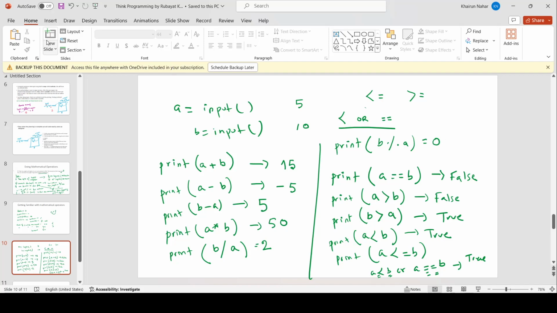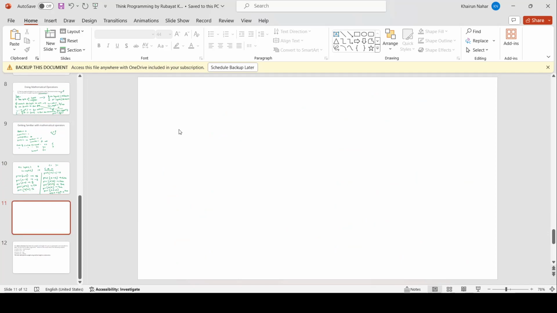So let's look at an example. So let's say a equals 5 and b equals 5 as well. If I print a greater equals b, what's happening is there are two checks being done together. And over here it's OR. This is something called a logical operation, which we are going to look at a little later.